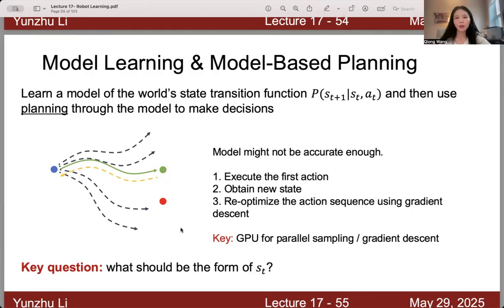The model may not be accurate enough, so for example, we execute the first action, obtain the new state, and re-optimize the action sequence using gradient descent. The key is the GPU for parallel sampling or gradient descent. The key question is what should be the form of the step T?